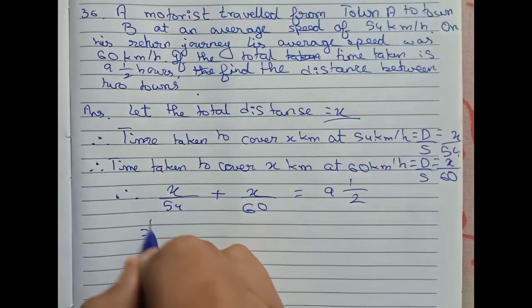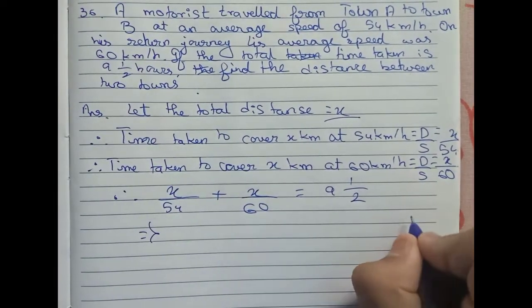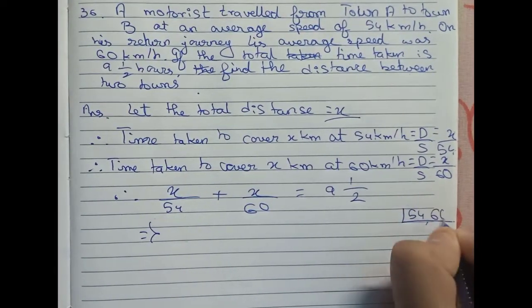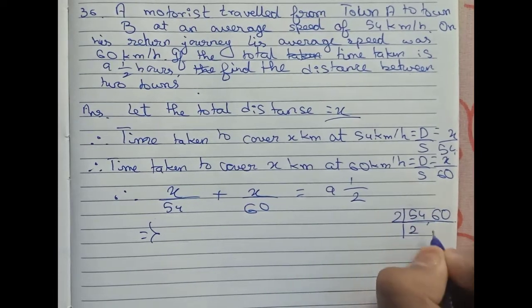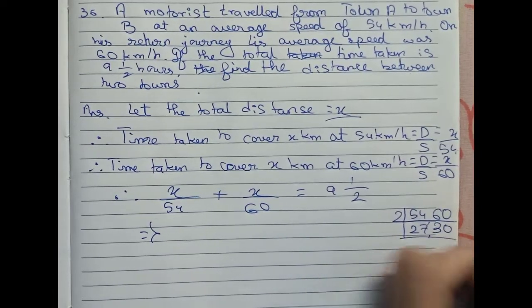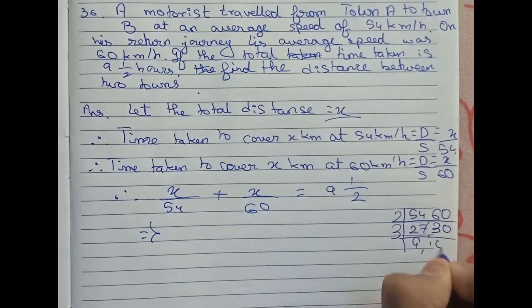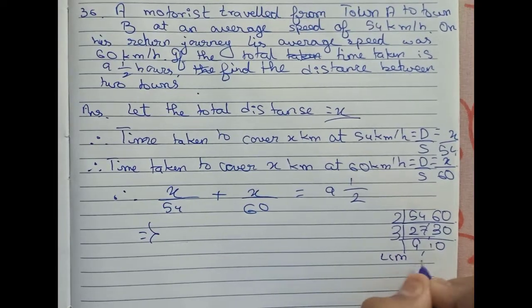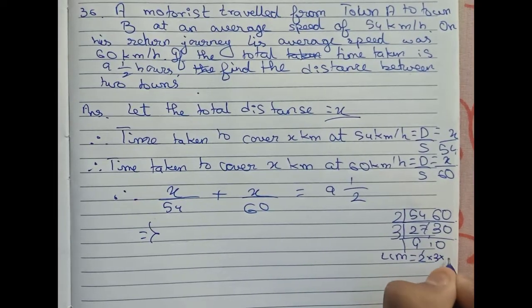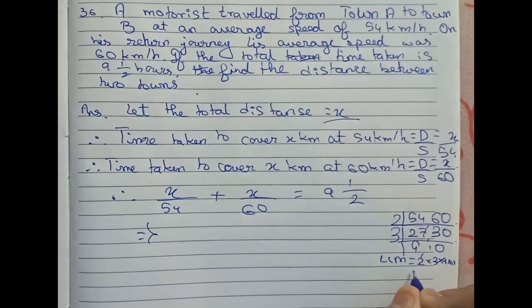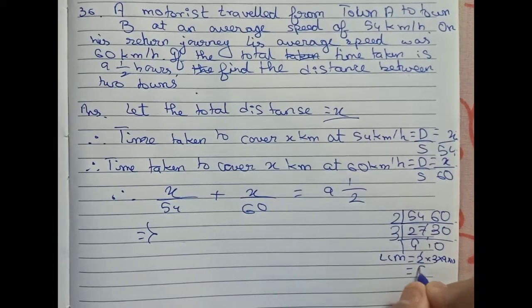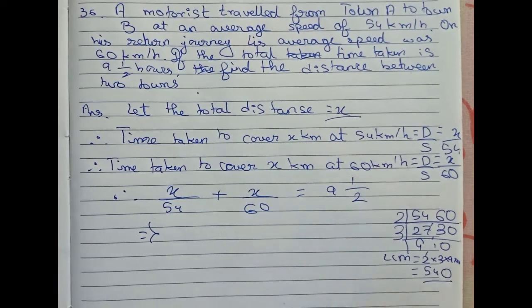I solve this. First we find the LCM of 54 and 60. First we divide by 2, giving 27, 30. Now I divide by 3. So our LCM equals 2 into 3 into 9 into 10, which is 540. So 540 is the LCM.